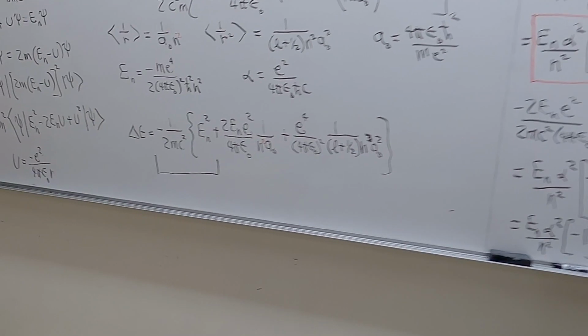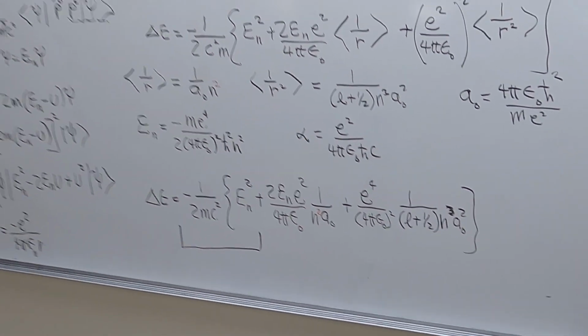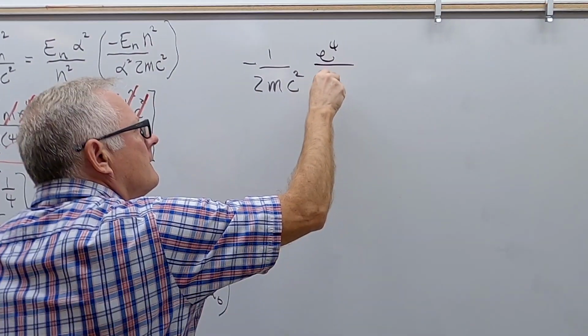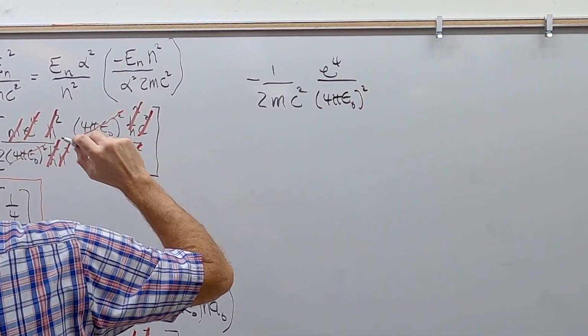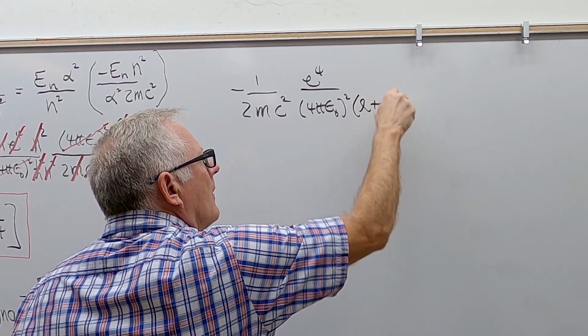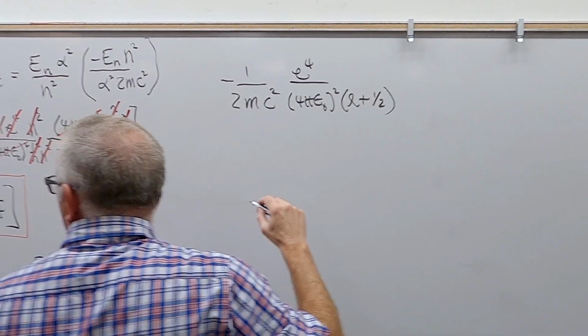So it's e to the 4th all over 4 pi epsilon naught squared times L plus a half times n cubed a naught squared.